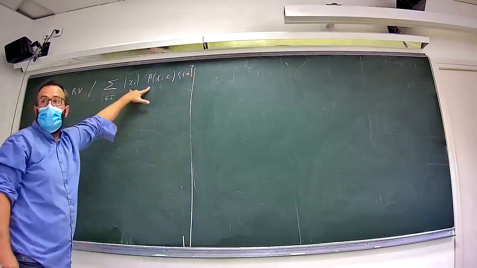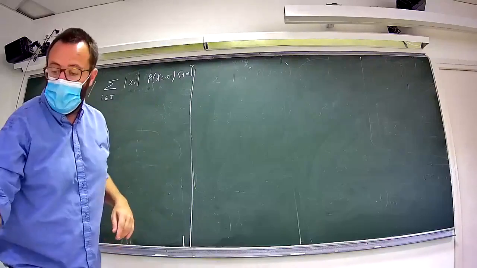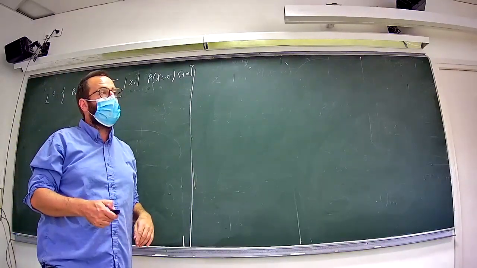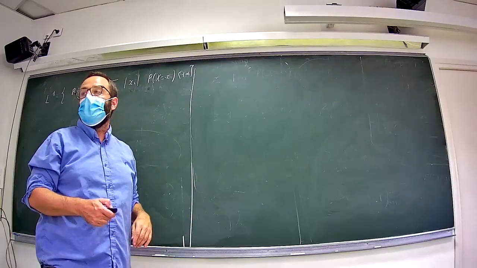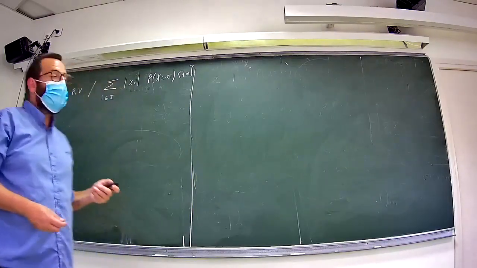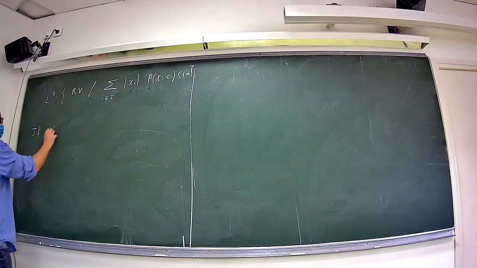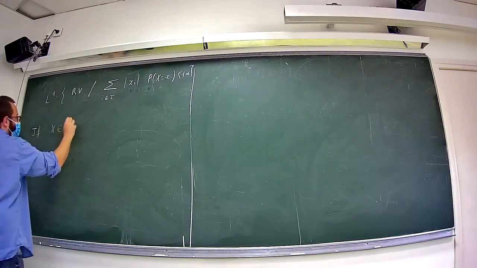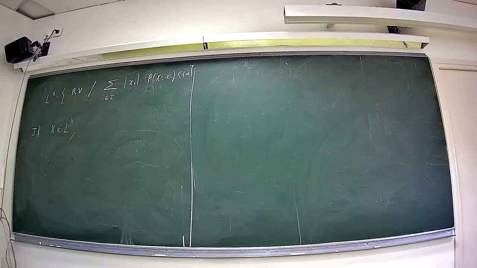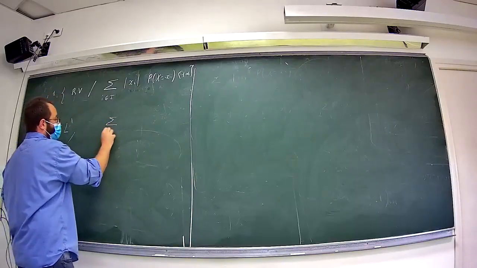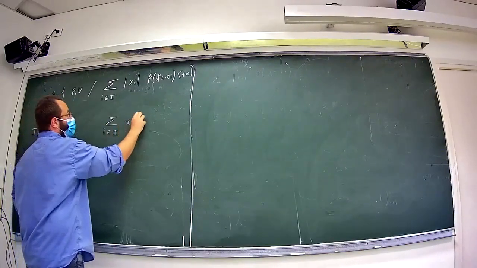What you have here is just the absolute value of what you have in the sum in definition 13. So if X belongs to L1, I know that this one is finite, so I have the right, because it's a number, to write this sum.